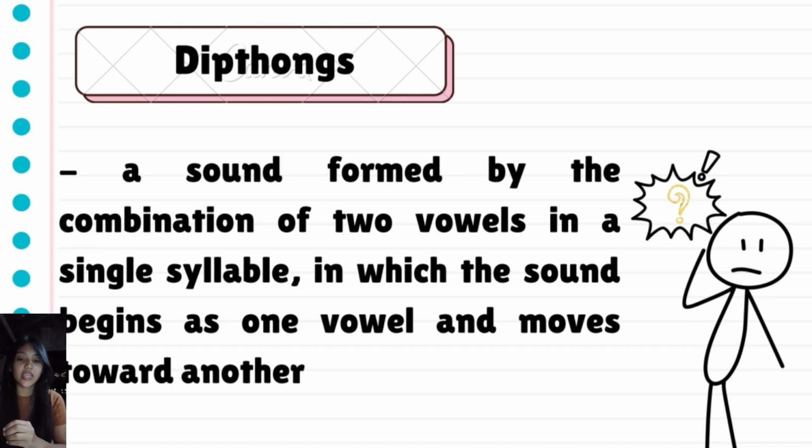There's the letter A and I. When we combine those two vowels, it becomes the sound in rain. Or the E and A in fear. Or the O and I in the word coin.